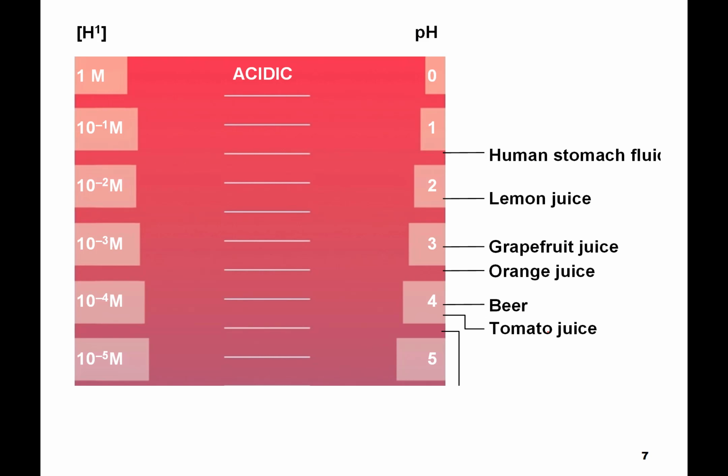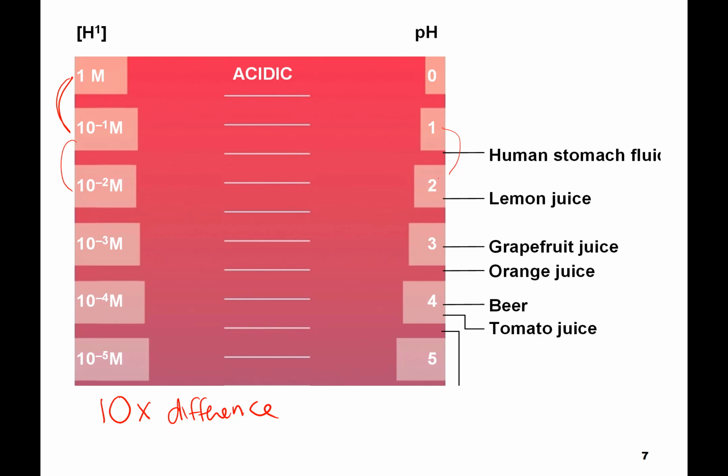The other thing I want you to see about this pH scale is that the concentration of hydrogen is a 10-fold difference. So every time you change the pH number by 1, you're changing the hydrogen concentration by 10.